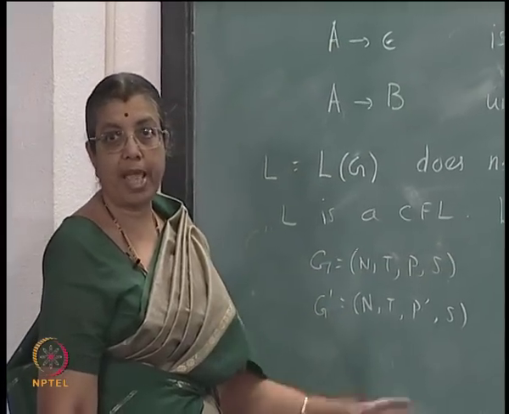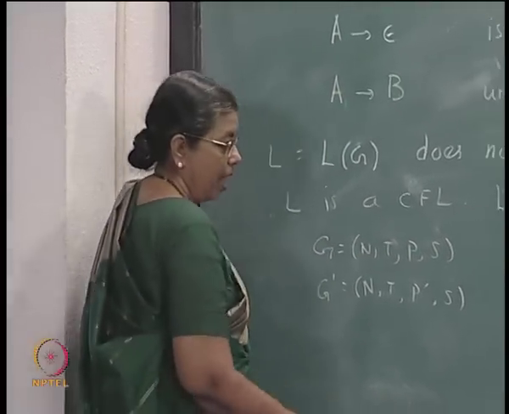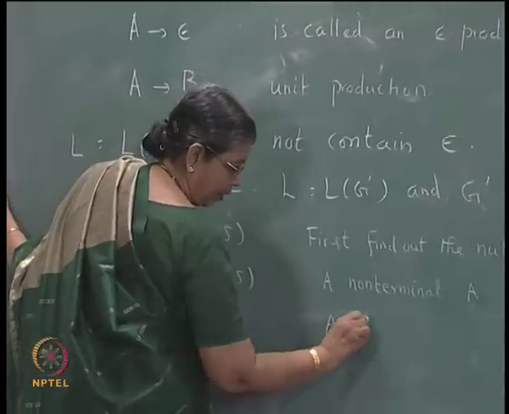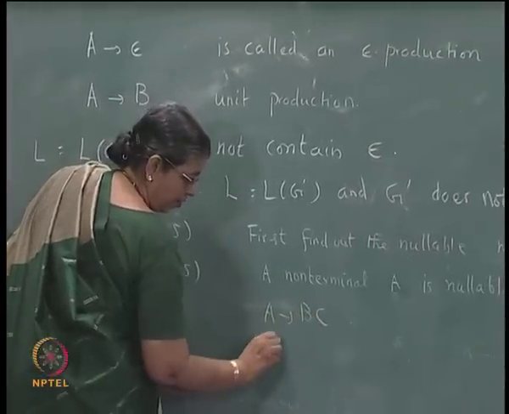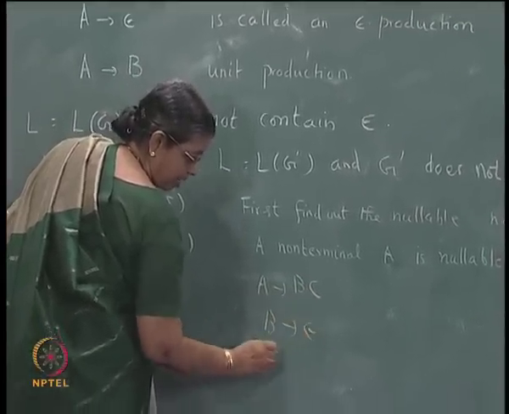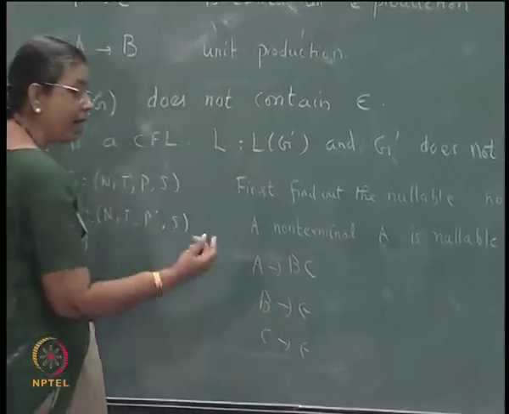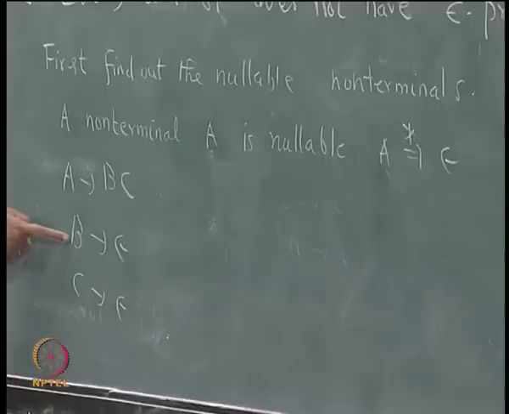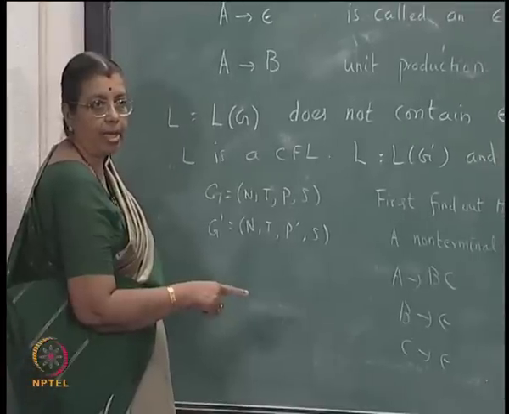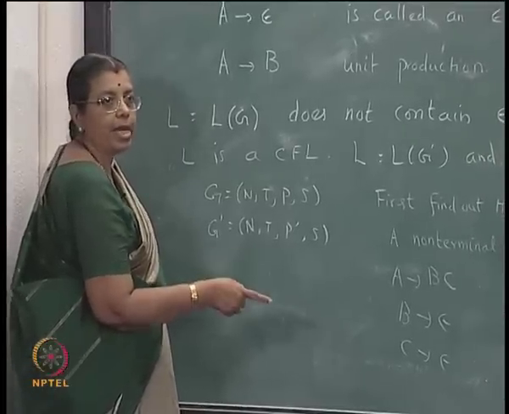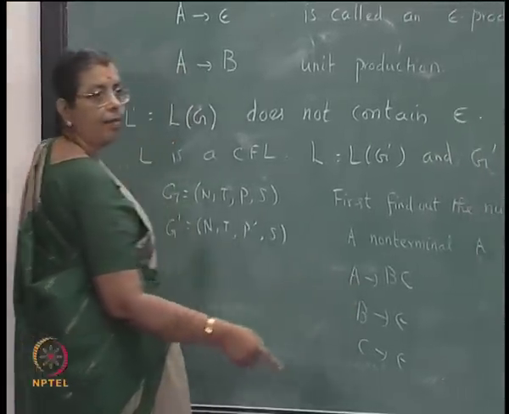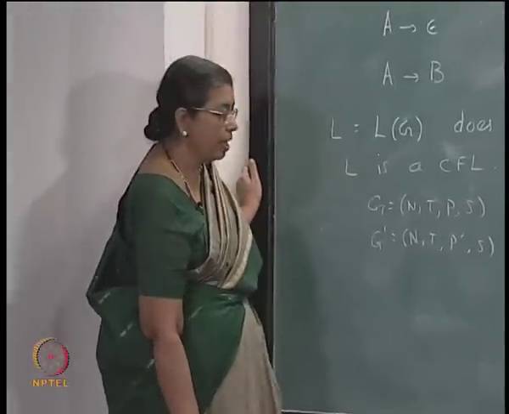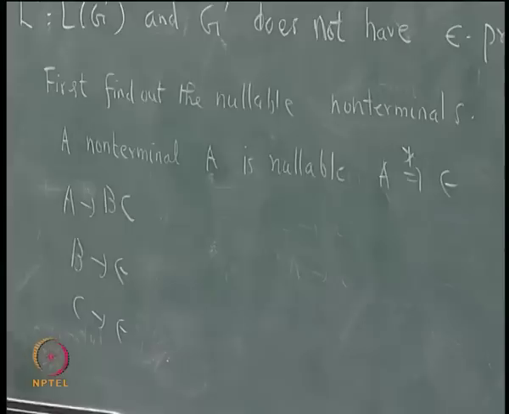For example, from A you may not have a rule like A goes to epsilon, but you may have A goes to BC, and then B goes to epsilon, C goes to epsilon. In that case B is nullable, C is nullable. A, even though on the right hand side you do not have epsilon, is also nullable because we are able to derive the empty string from A. So, in this case A, B, C are all nullable.